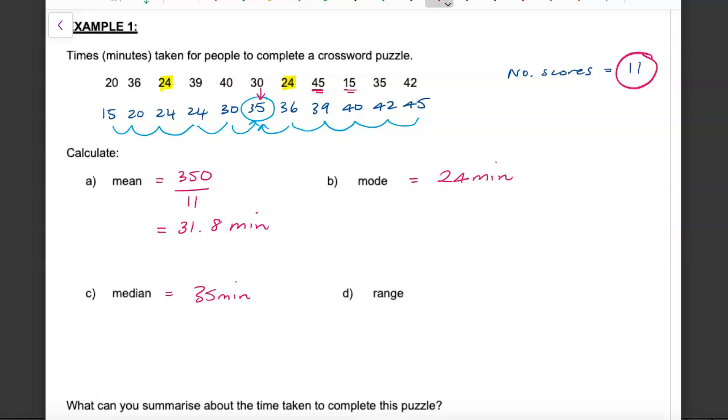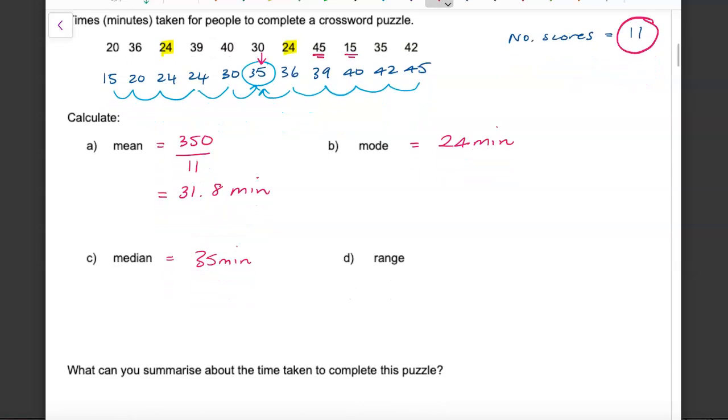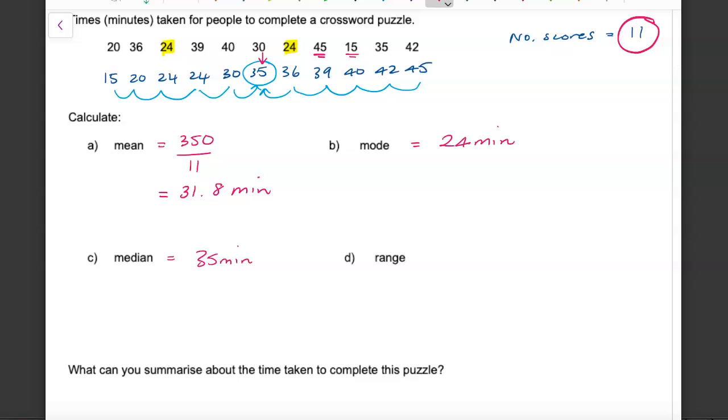Now we've got our 3 M's, our 3 measures of centre. We can see here that they're all fairly different. So our mean and our median are much more similar, being about 32 and 35 minutes, but our mode is quite different.